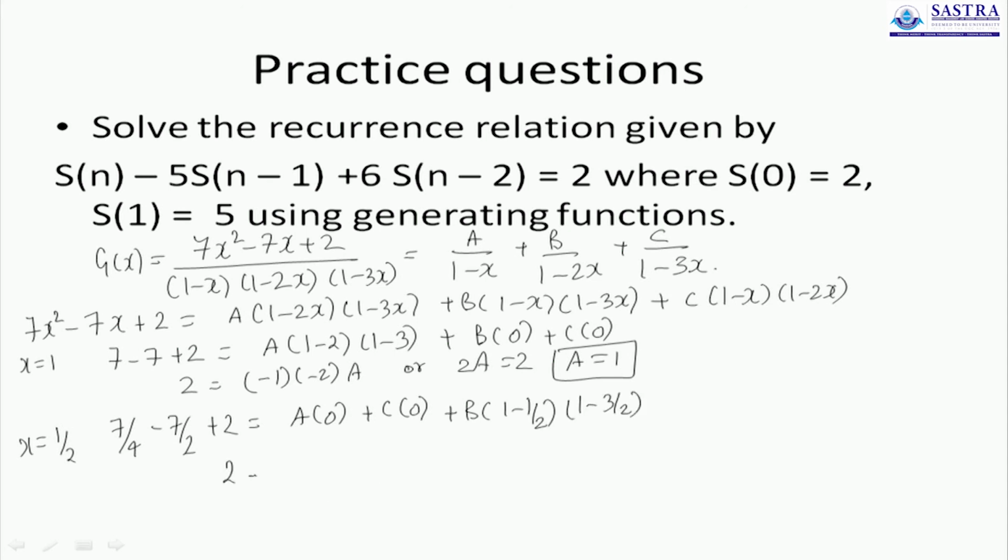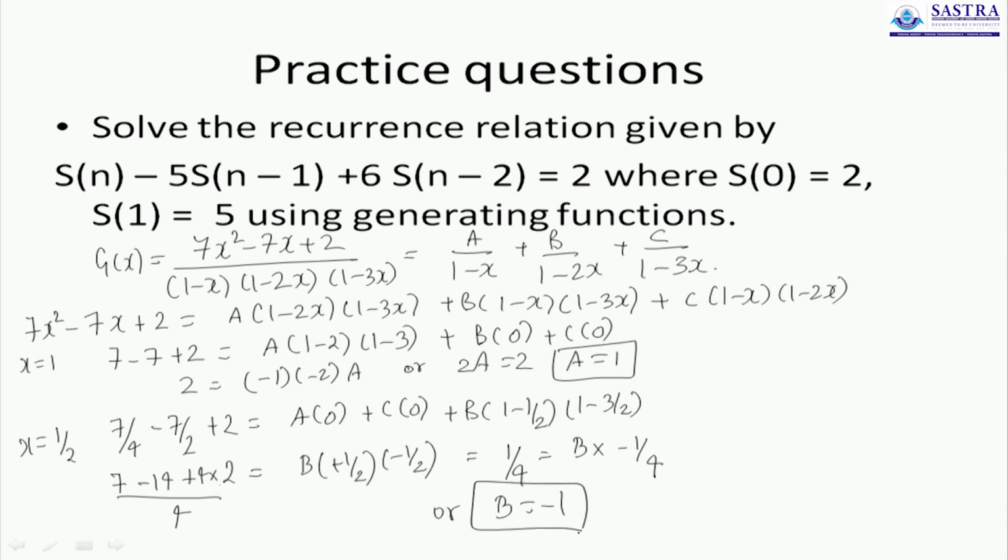So we have 2 equaling b times, or this LCM makes it 7 minus 14 plus 4 into 2 upon 4, which is minus half plus half and minus half. Or you have 8 plus 7, 15 minus 14, which is 1 by 4. 1 by 4 is b times minus 1 by 4, or b is minus 1.